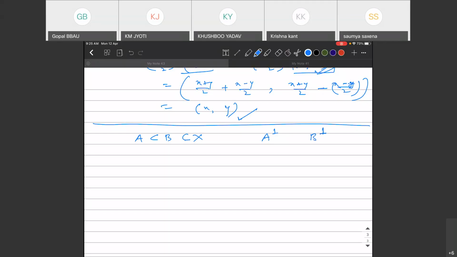Any guess? If you have two subsets of X, A and B, and one of them is a subset of the other, say A is a subset of B, then what is the relation between A perp and B perp? B perp is a subset of A perp. Okay, how?